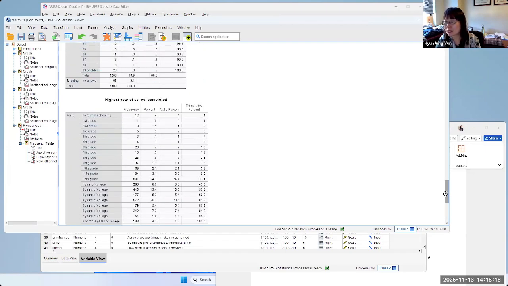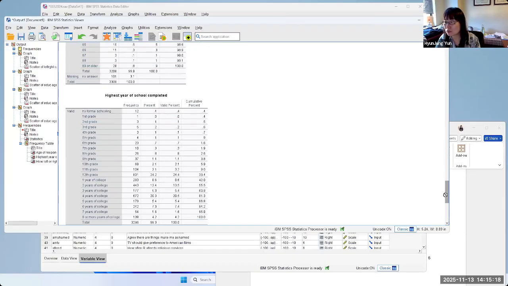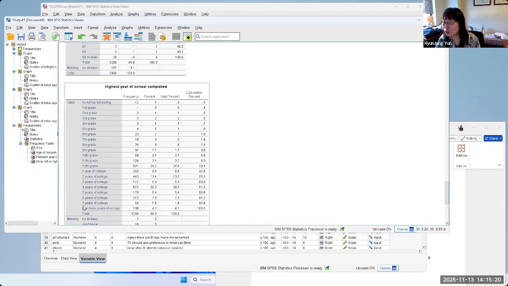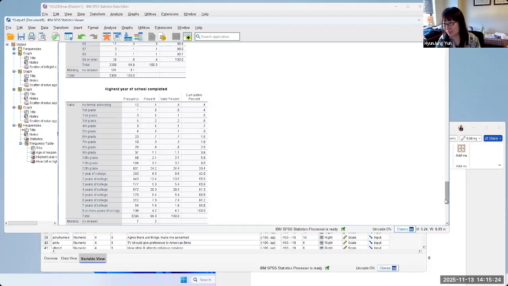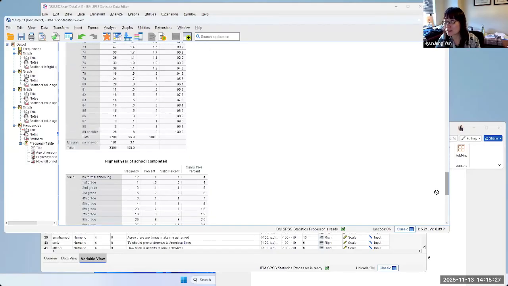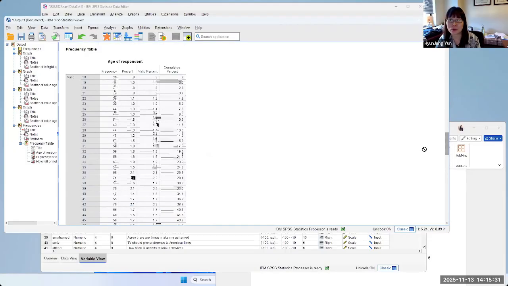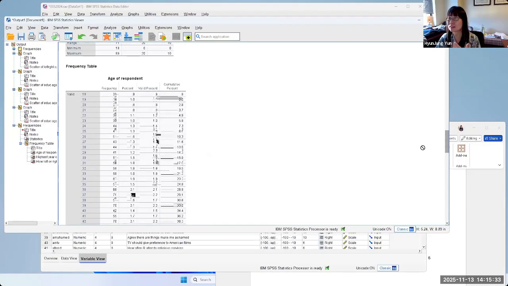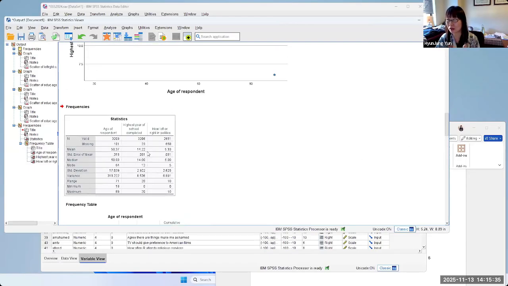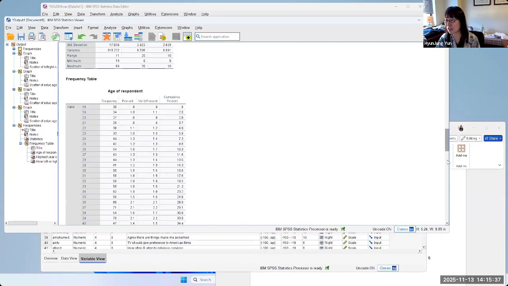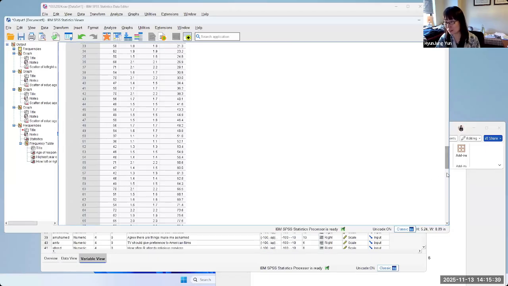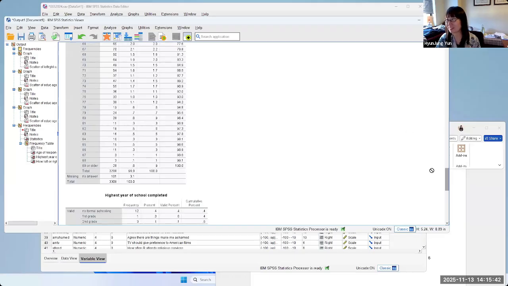And you see it's clean, yes. Years of education goes from first grade all the way to how many years of college and higher education you have, right? It's all clean. Missing cases are coded as missing. The ages also are valid. So you can report descriptive statistics and frequency tables just to confirm your variables are clean.